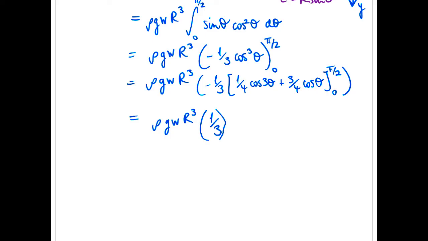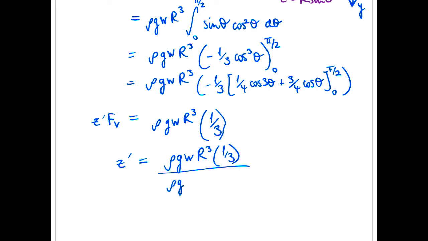And a reminder from above that this expression is actually equal to z prime times Fv. So when we want z prime, we have to divide the right-hand side by Fv. So I'll substitute that in here, and then I'll just simplify.